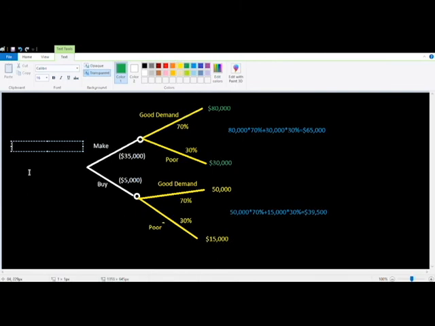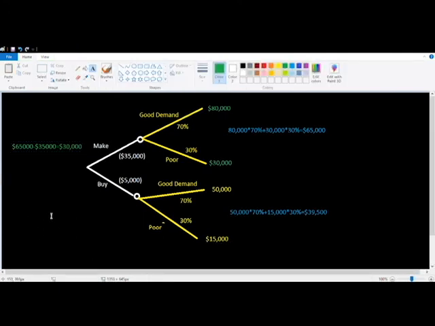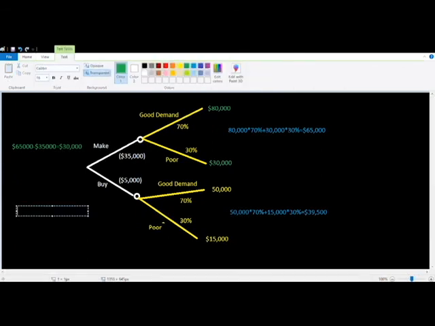So 65,000 minus 35,000, which will give me a profit of $30,000. And this is the final result after applying the initial investment. So if I decide to make the widgets, then my profit will be $30,000.